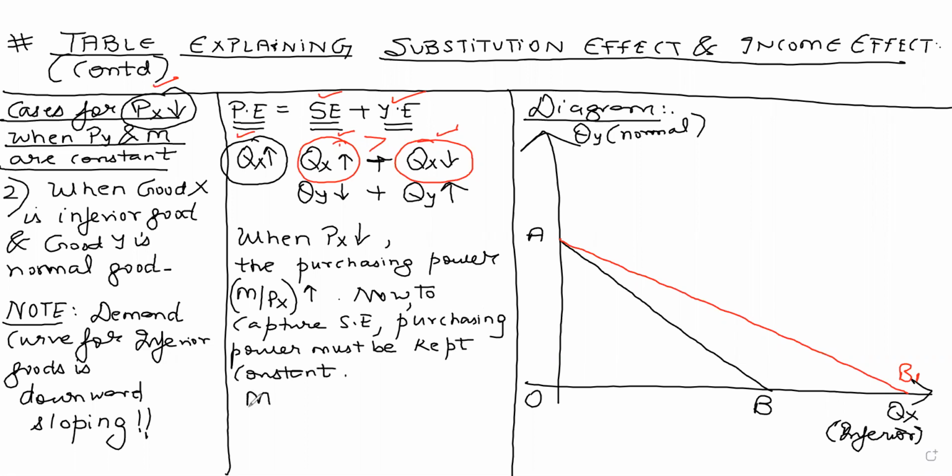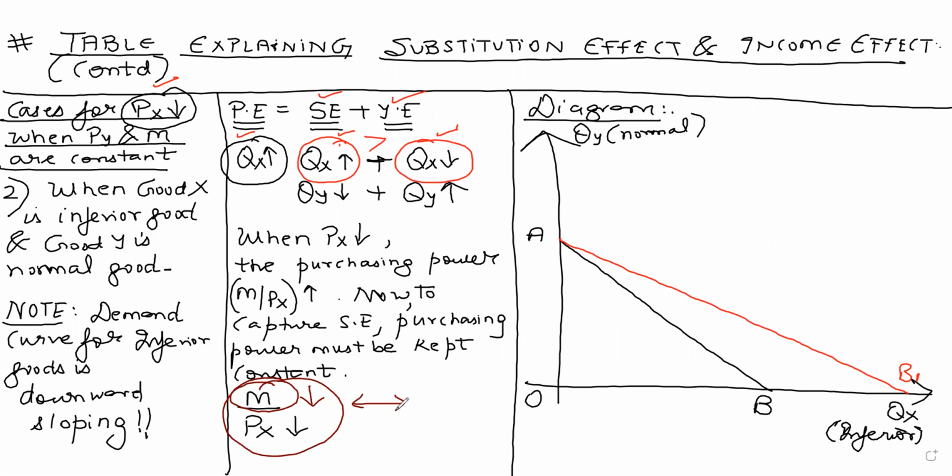Our purchasing power is M by Px. When my denominator has fallen, to make M by Px constant, I will also have to reduce my numerator as well. Then only this whole expression will become constant. It is very simple and logical.